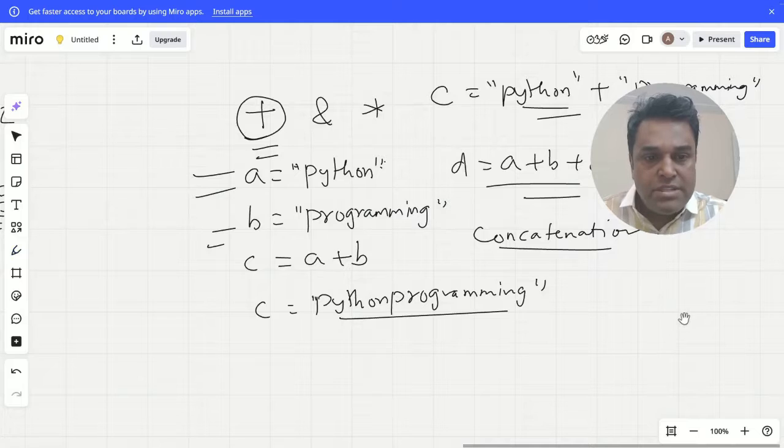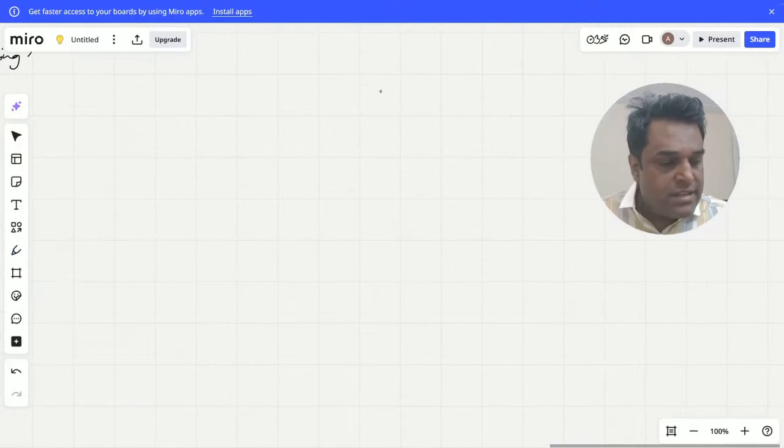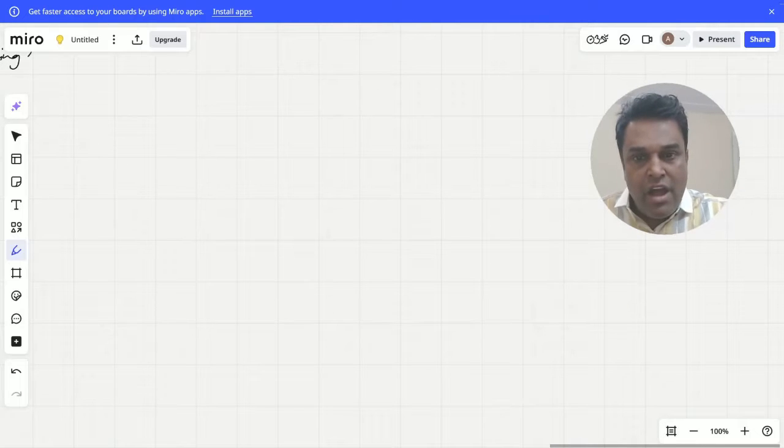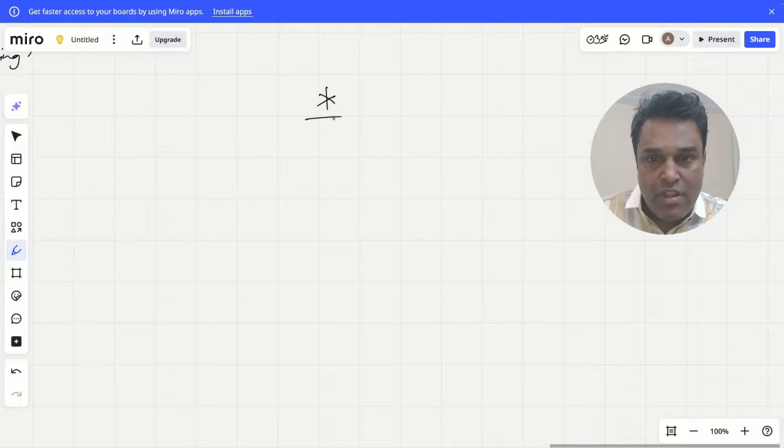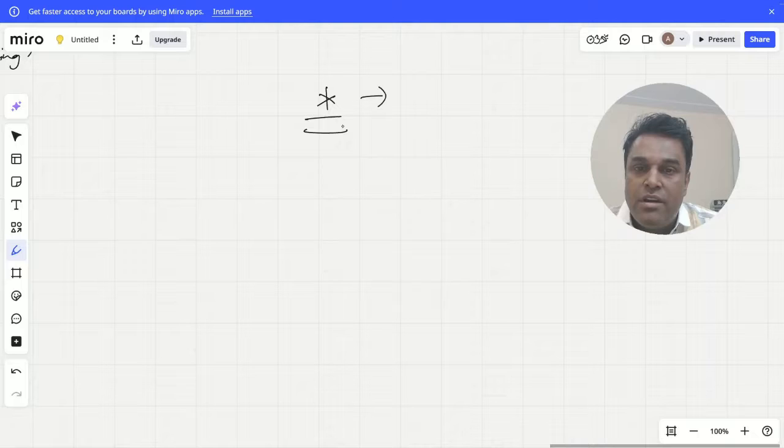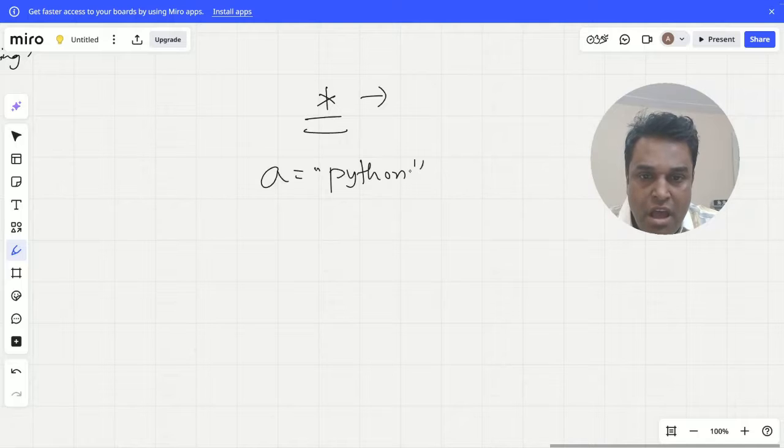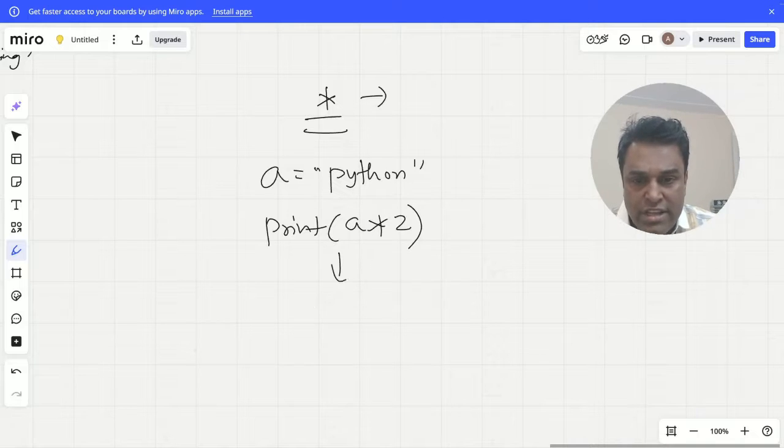And now comes the asterisk sign, that is the star character, and how to use that. This is used for replicating the string. For example, a is equal to Python. Then I can directly print a star 2. What this is going to print is Python replicated 2 times.